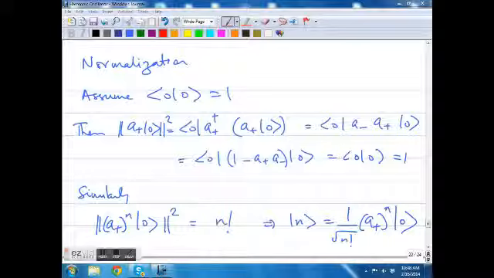So for example, consider the state a plus acting on the vacuum, and consider its norm squared. So that's a plus acting on the vacuum, or the ground state, and its Hermitian conjugate, which can be written as just the expectation value of a minus times a plus.